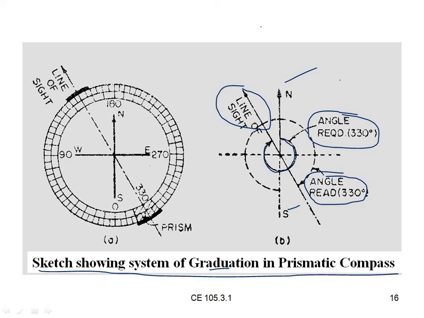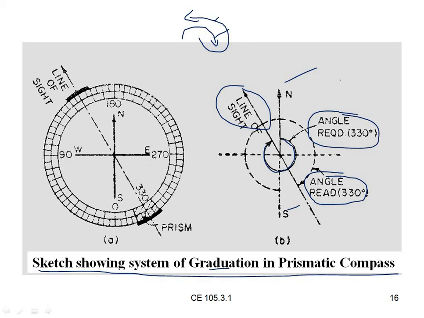Whereas here we will be having two directions. One is clockwise like this, and the other one is anti-clockwise. Okay, so with these two directions we will be seeing. If you go in the clockwise direction, it is forward bearing. If you go in the anti-clockwise direction, it is back bearing.